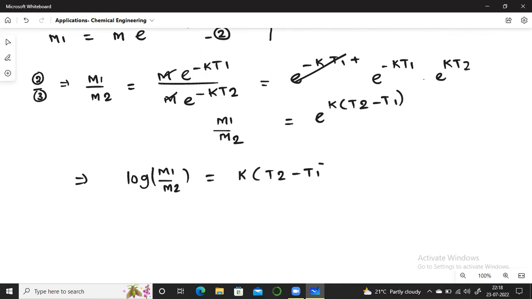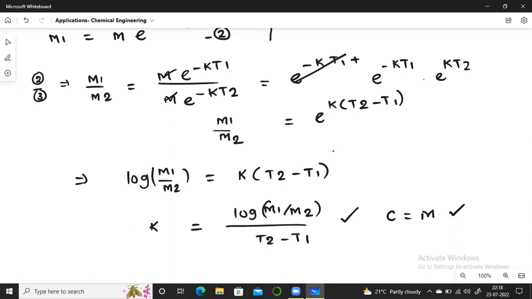So finally the k value is log m1 over m2 over t2 minus t1. That's it. Now you got the k value, and the c value we already calculated, c is equal to M. Now all the values in my equation I know.